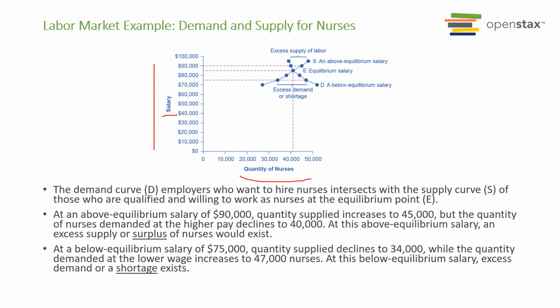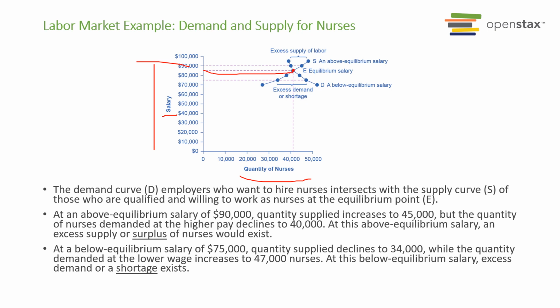In this market for nurses, the intersection of supply and demand is at about $85,000, so our equilibrium wage is $85,000, and we're employing about 41,000 people at that equilibrium.